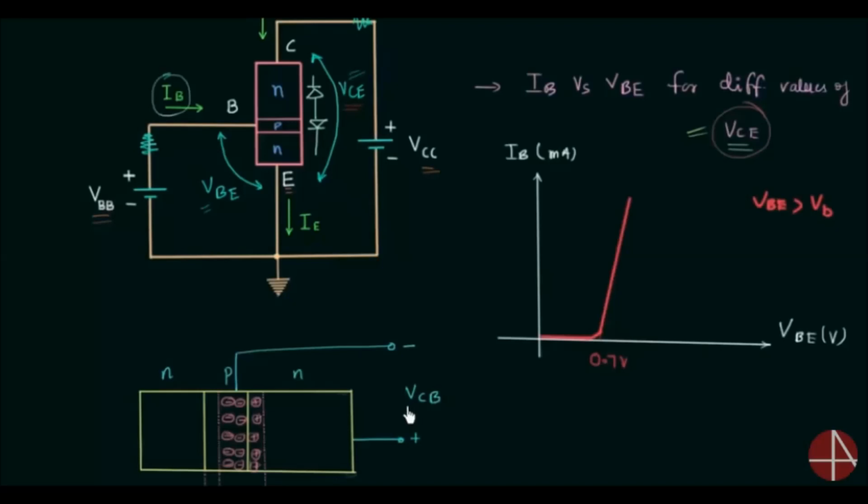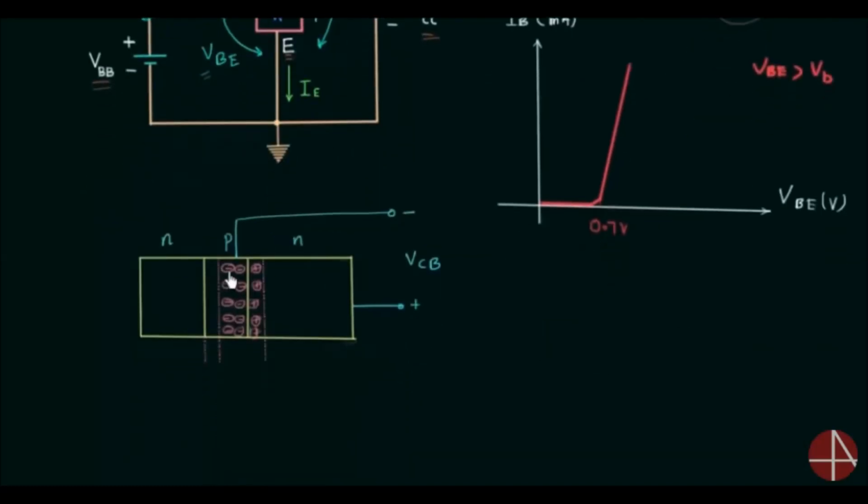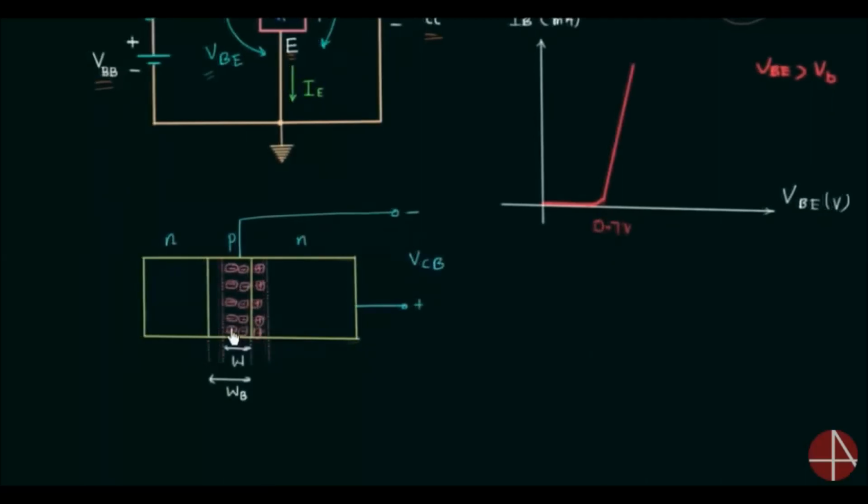Because of this, the width of the depletion layer will increase and it will penetrate more in the base region because the base is lightly doped, and you can clearly see the penetration of the depletion layer is more in the base region. Let's say the width of the depletion layer in the base region is equal to W and the metallurgical width of the base is equal to WB. The width of this region with no penetration of the depletion layer is W effective.